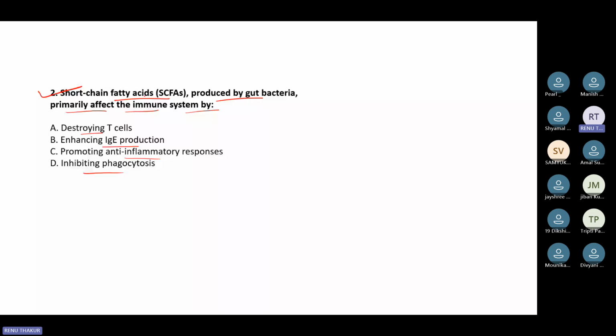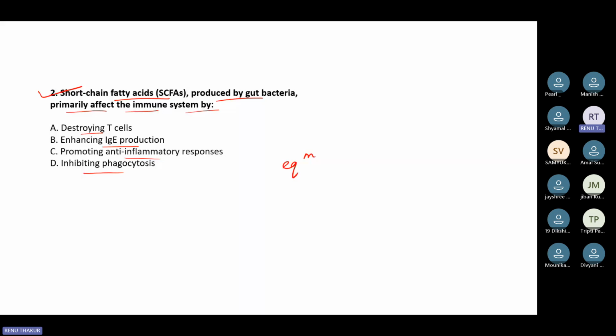They will start producing certain metabolites which will reduce the responses of our body against the pathogen, because ultimately our body should be in equilibrium. It should not always be in a mode of reactiveness or responsiveness, because whenever our body fights against a pathogen, it drains all of the energy of our body.